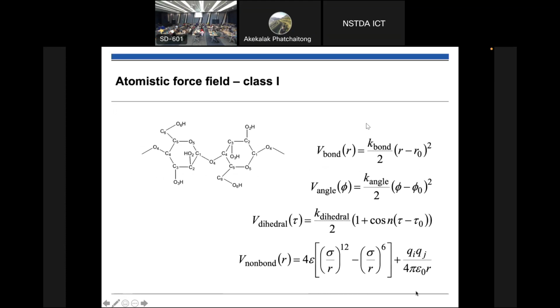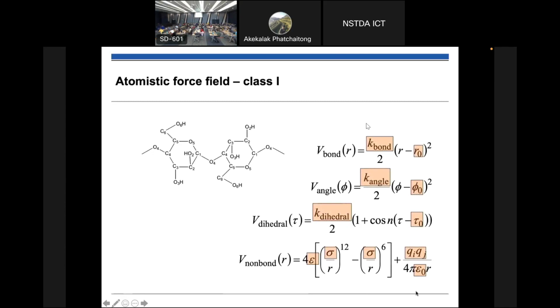So this is the slide Charlie also showed you. This is the molecule, and now we are writing the mathematical expression that tells you how the atoms and molecules are interacting with each other.